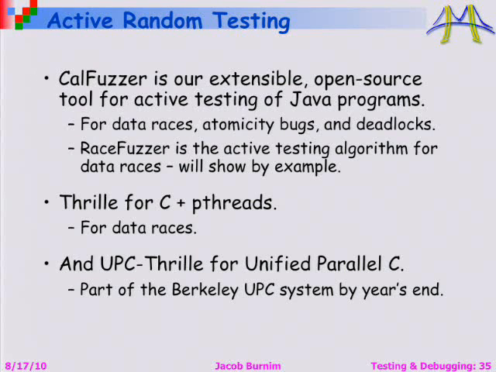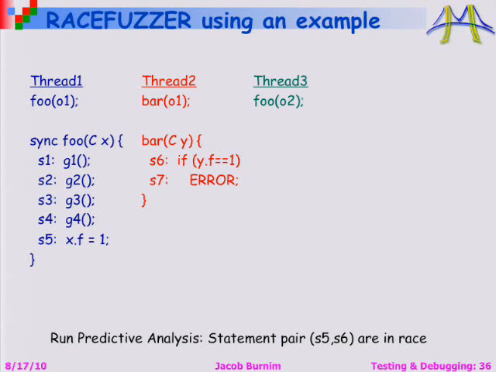So this overall tool is called CalFuzzer, but this particular technique, for doing this for data races, is called RaceFuzzer. To show how this all works, I'm going to show a couple of examples of RaceFuzzer's operation. Consider a relatively simple program.